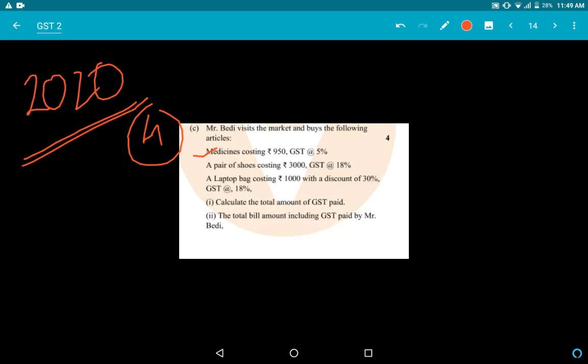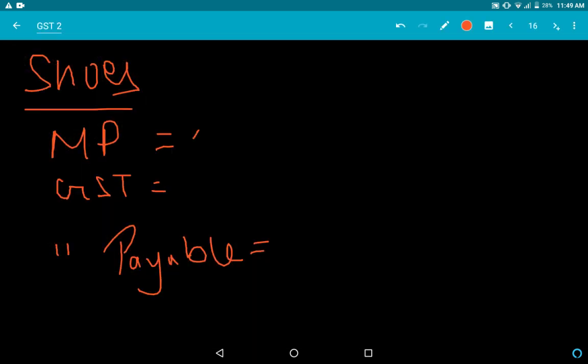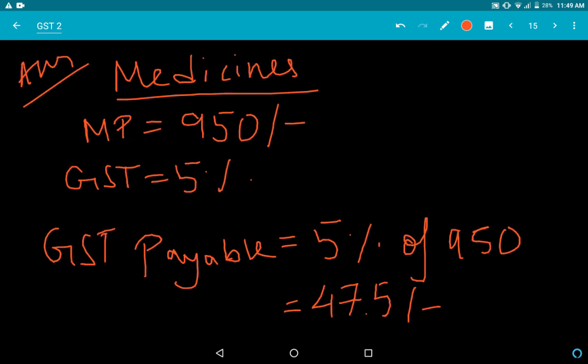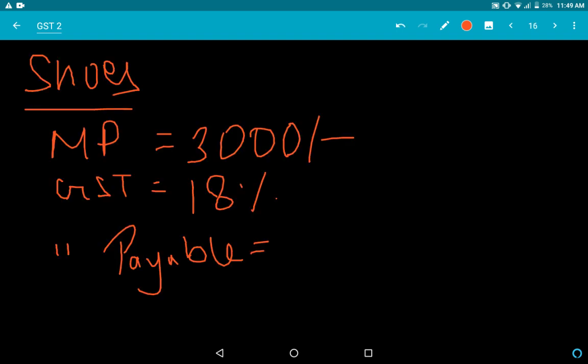It is 3,000 and 18%. See, always give the units, or if you write rupees, it's your choice. GST payable is nothing but 18% of 3,000. What is 18% of 3,000? Let me check. It's 540.